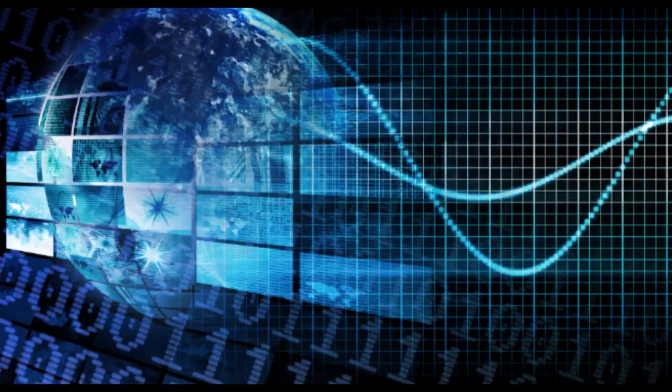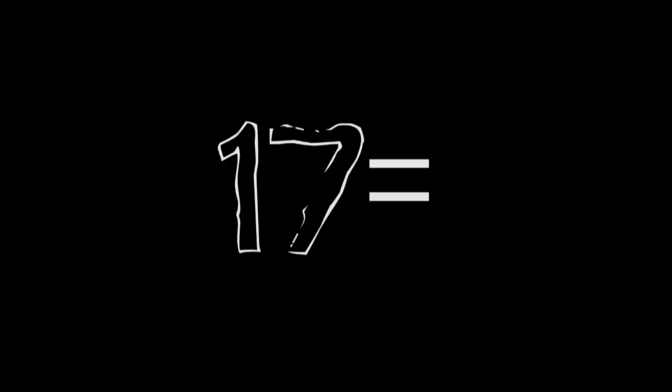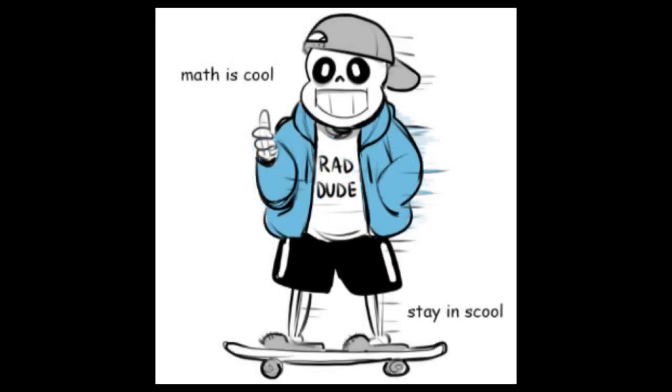If it's a 1, then it gets electricity. If it's a 0, it gets no electricity. So, to a computer, the number 17 is represented by electricity, none, none, none, electricity, or 1, 0, 0, 0, 1. Pretty cool, right? I think so, but it gets even cooler, because computers don't have multiplication tables.